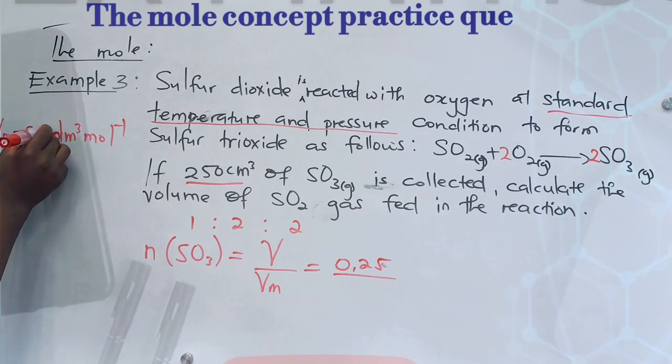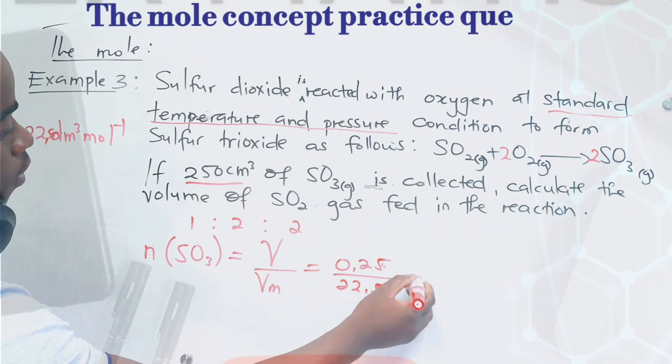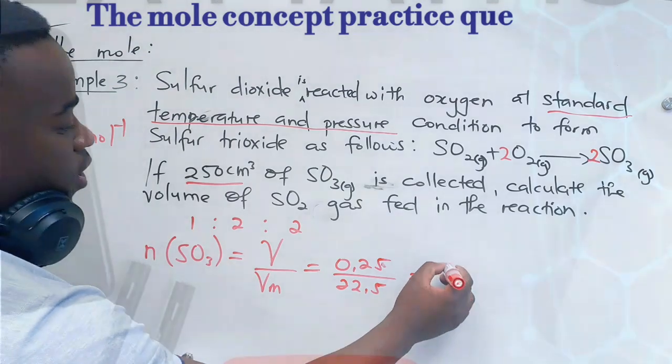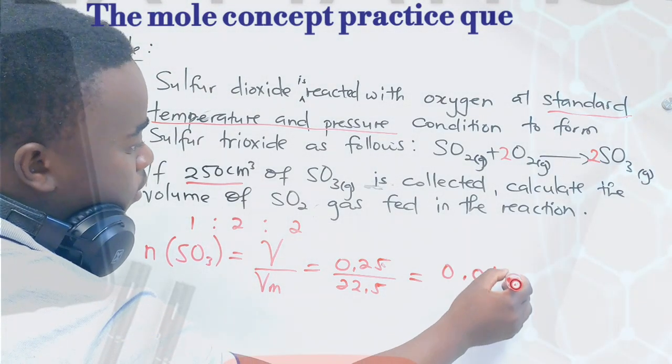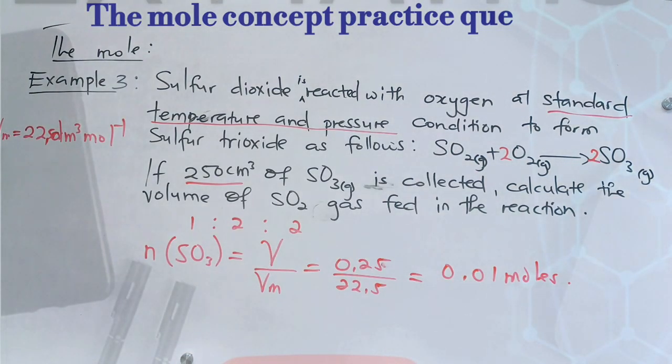Sorry, this is 22.5. So we divide by 22.5. This gives us number of moles of sulfur trioxide as 0.01 moles. So now we need to find the new ratio. New ratio will multiply this one by 0.01.